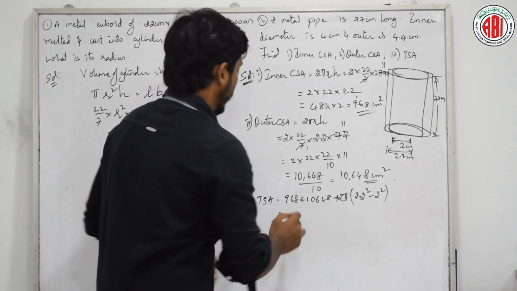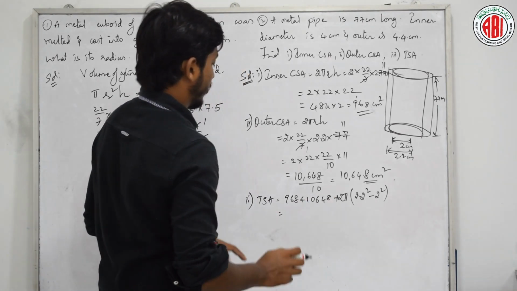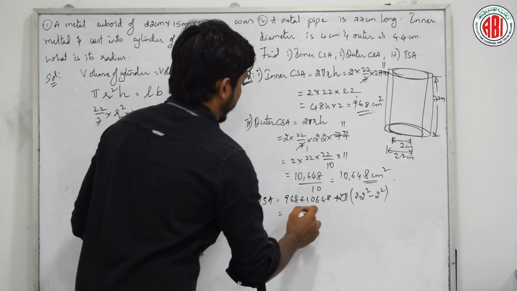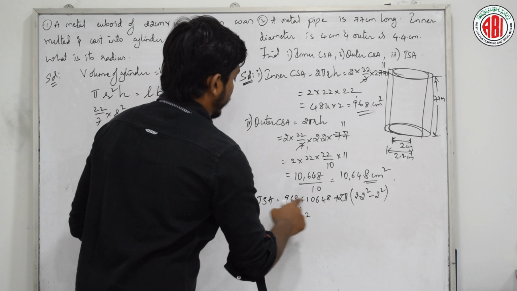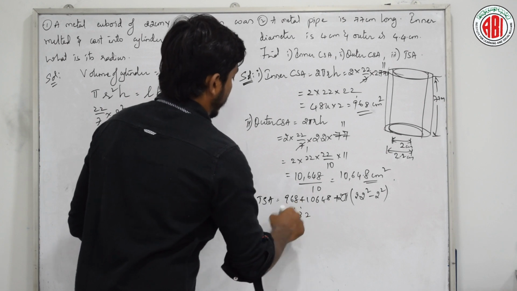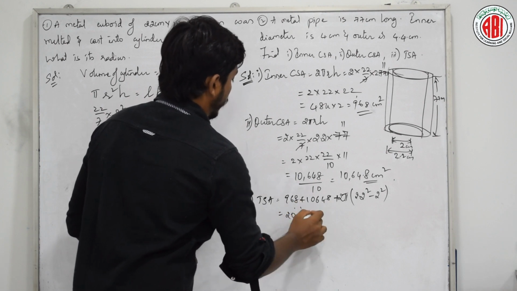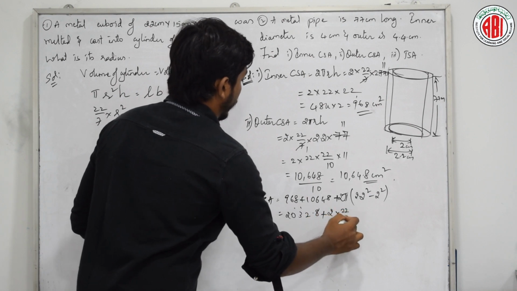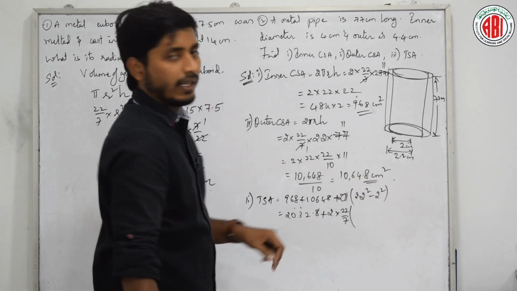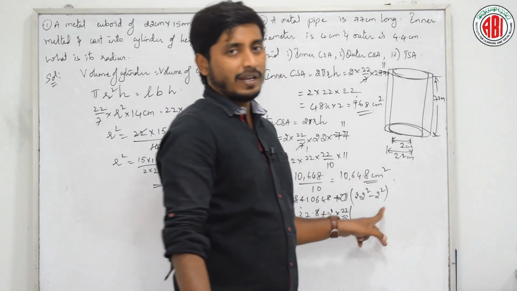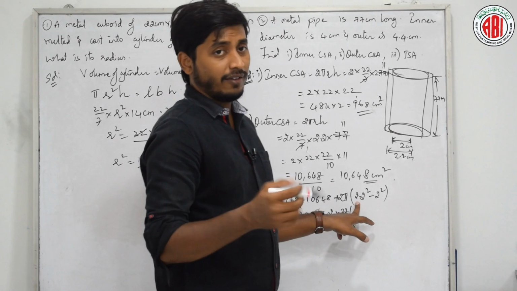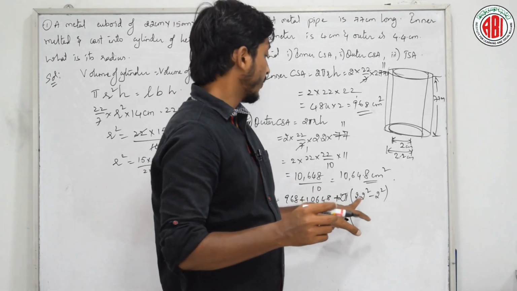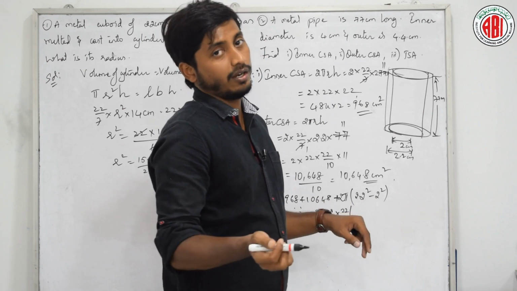Now tell me, 968 plus 1064.8, how much is it? 8 plus 4, that is 12. 6 6 12, 13. 9, 10. Therefore 2032.8 plus 2 into 22 by 7 into, if you want you can multiply or else you can use different formulas. 2.2 square minus 2 square, a square minus b square, 2.2 plus 2, 2.2 minus 2.